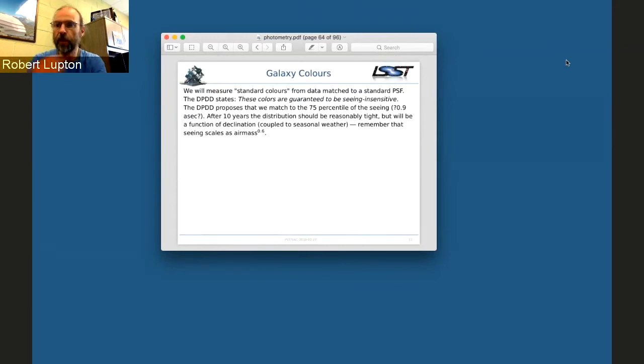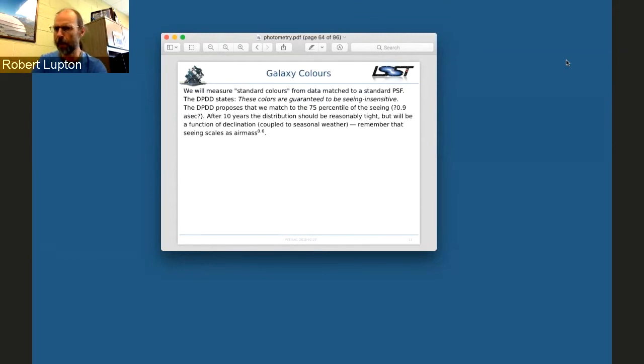I mean, the distribution of seeing at a particular point, we will have outliers, so the 75th percentile will not vary much. It's going to be a function of position, it's going to be a function of declination, seeing scales as the RMS to the 0.6. So I'm really quite worried about how we define this 75th percentile. The details of how we do this are tricky. I don't think anybody on the project has thought through this yet.